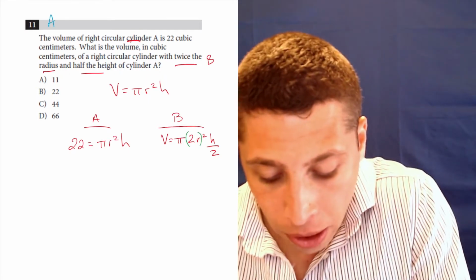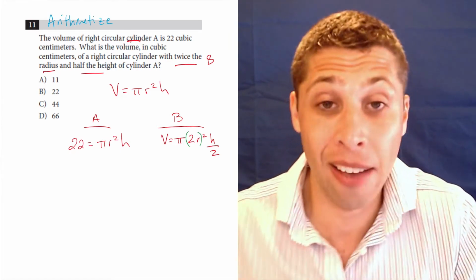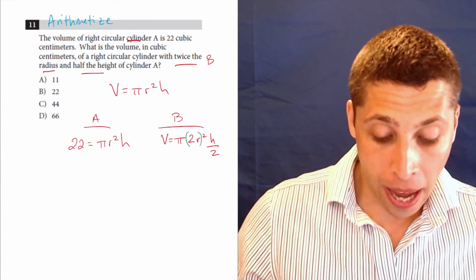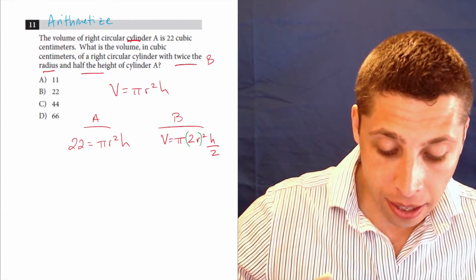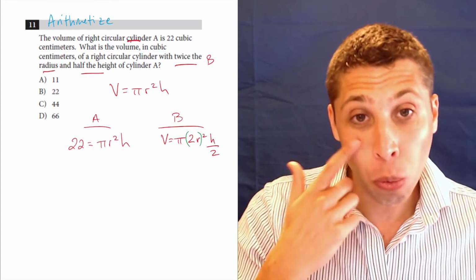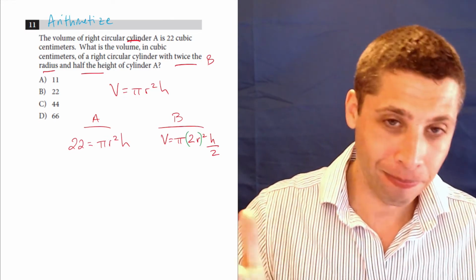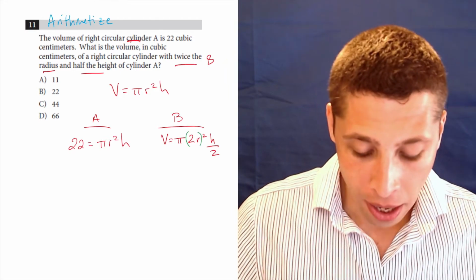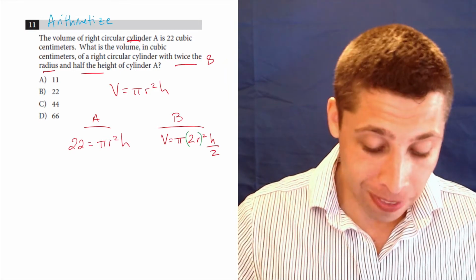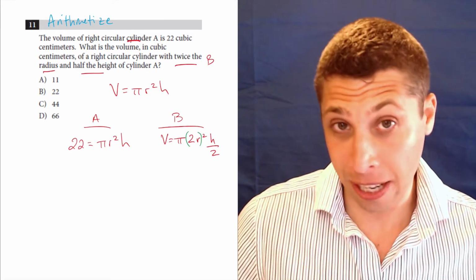And that would mean that we're going to need to arithmetize here because we don't actually have any of these dimensions. I know that we need twice the radius and half the height, and 22 is kind of a messy number. So I'm going to do some things here with arithmetizing that are maybe a little weird. So what I would do is focus on cylinder A, and I would pick some very convenient numbers.